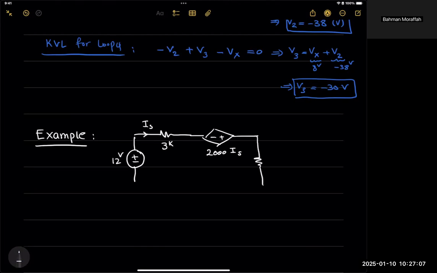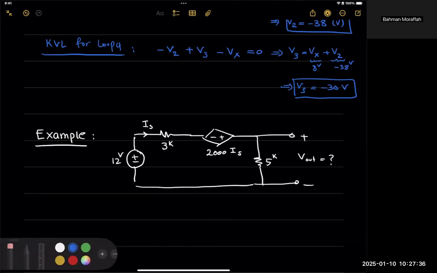And it's followed by another 5K resistance. The question is asking you to find the voltage across this 5K resistance. To be able to find this Vout, we have to know the current through this 5K. So let's write a KVL for this loop and see how it works.